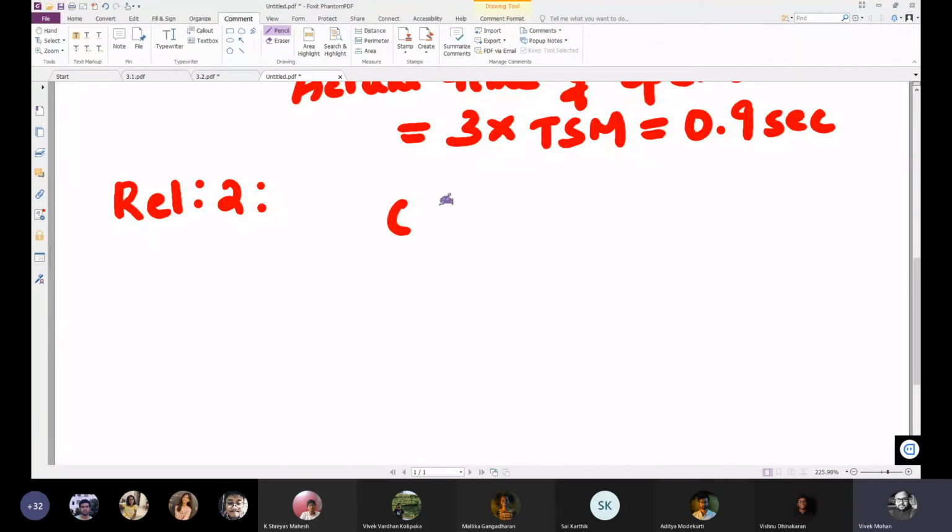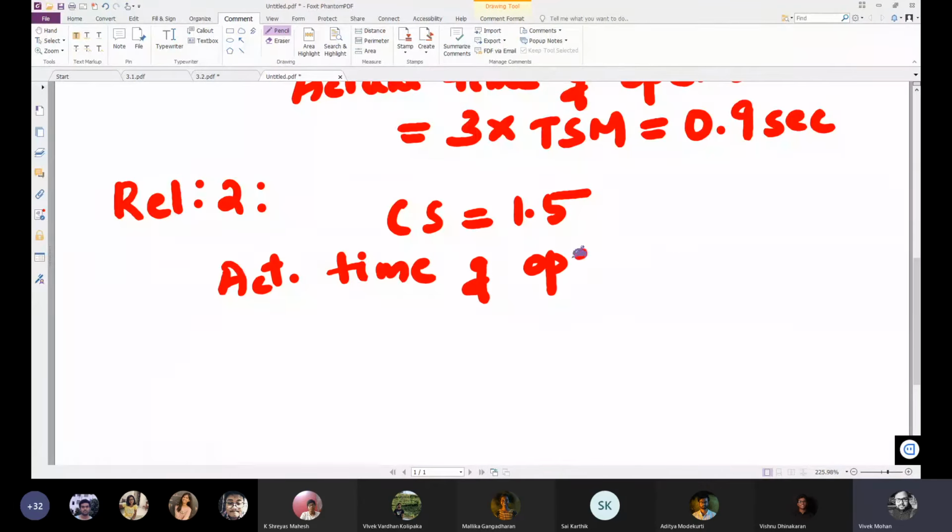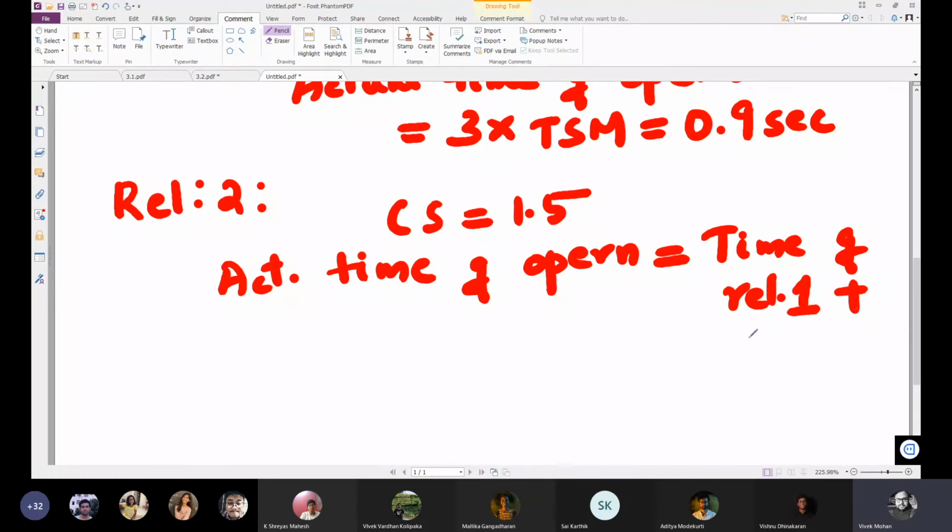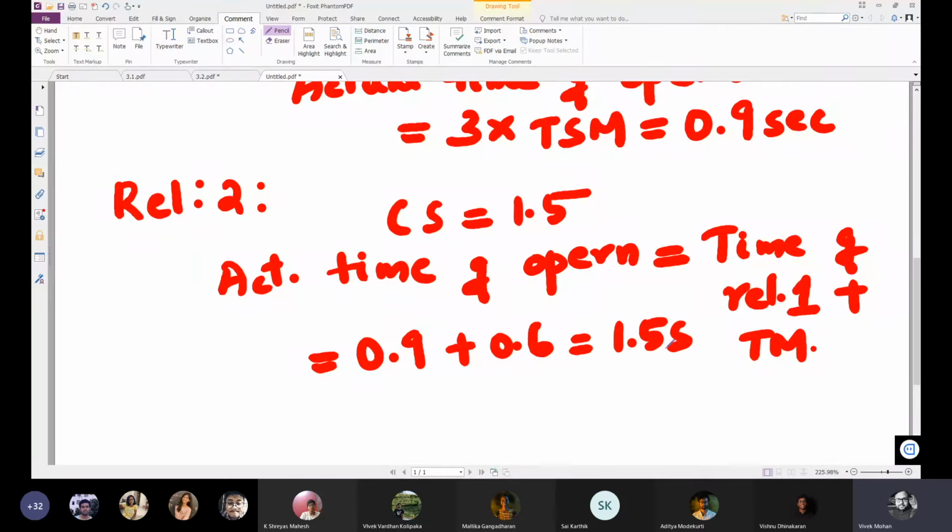For relay 2, what is the current setting? 1.5. Actual time of operation equals time of relay 1 plus time margin, which is equal to 0.9 plus 0.6 equals 1.5 seconds.